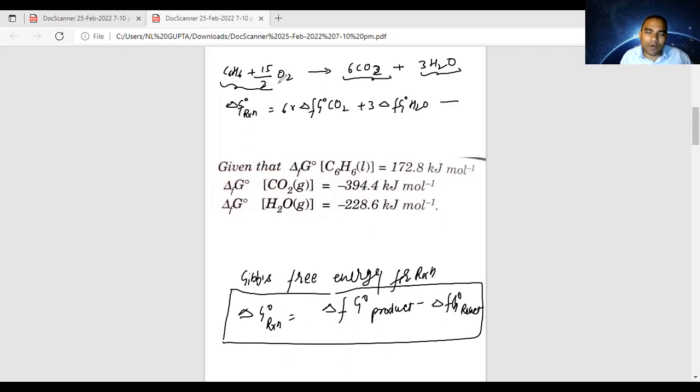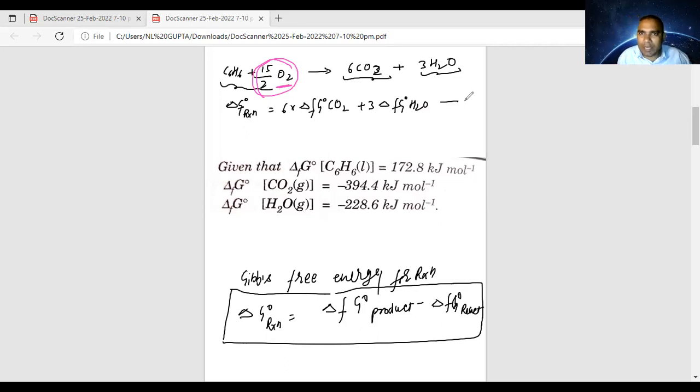For the free molecule, this O2, in the universe it exists in this form only, O2. O2 is the standard form. In the standard form, you need not form it. Like H2 is there, O2 is there, they exist by themselves. So for them it is going to be 0. Gibbs free energy for them will be 0.